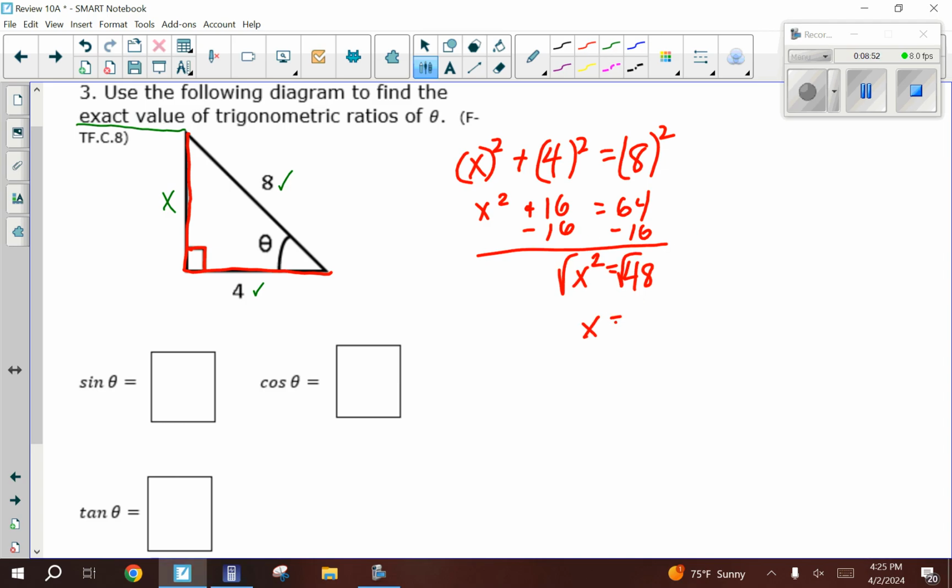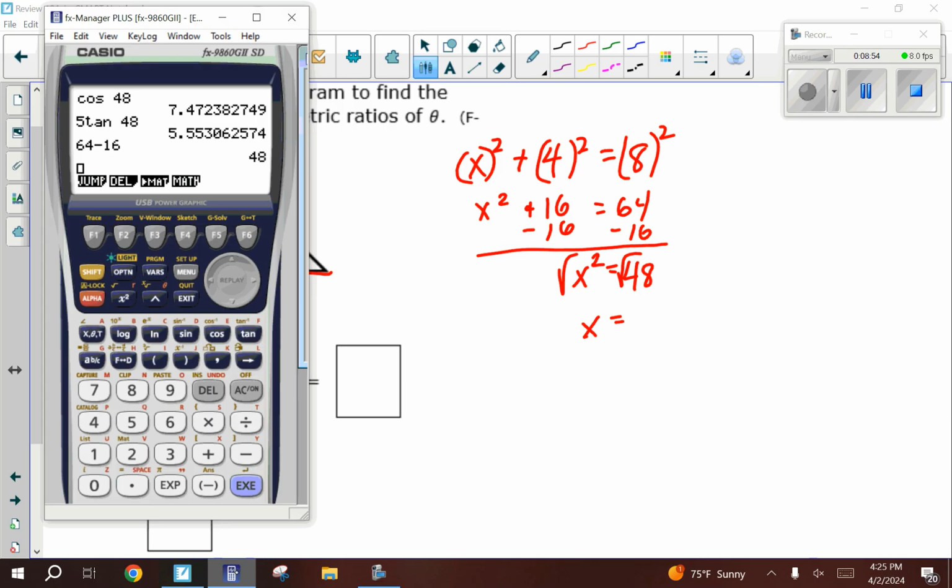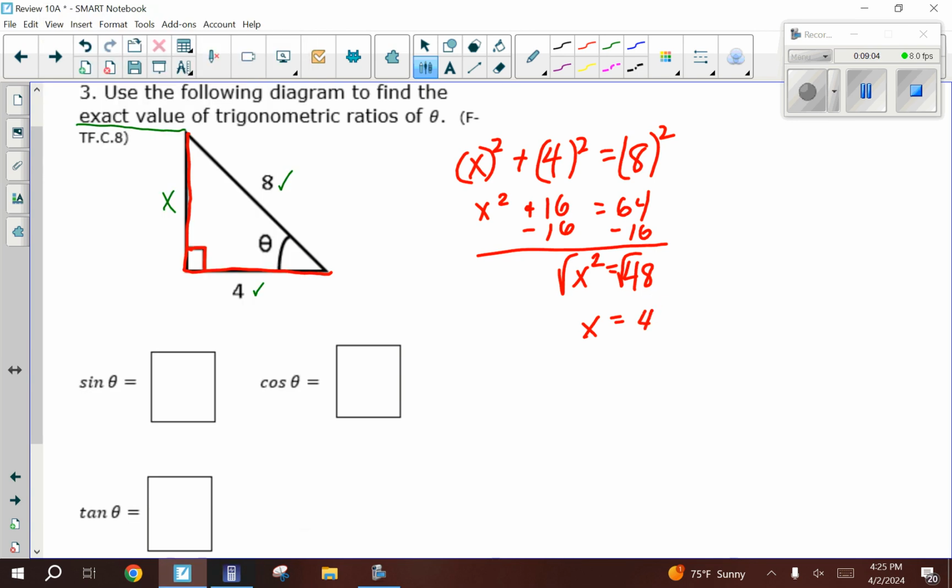So I'm going to square root both sides, and I'm going to leave this as a radical. So I'm going to type in the square root of 48, and that's going to be 4 square root 3. So now that we have that value, we can put 4 square root 3 in this place.